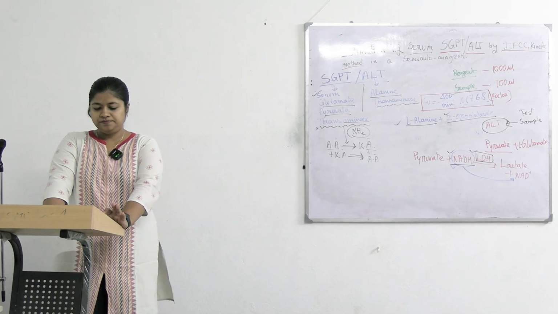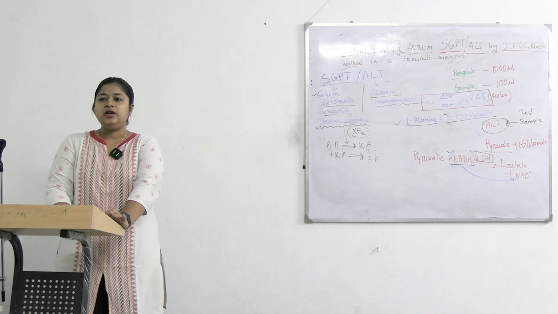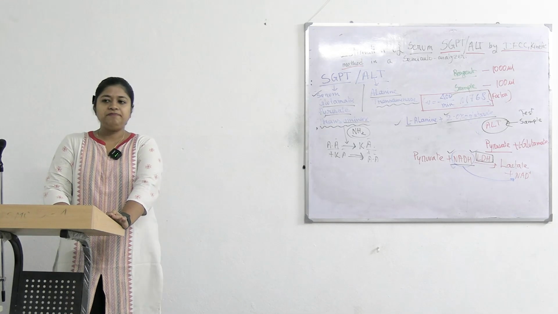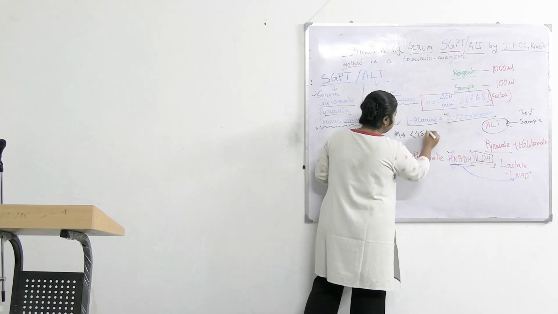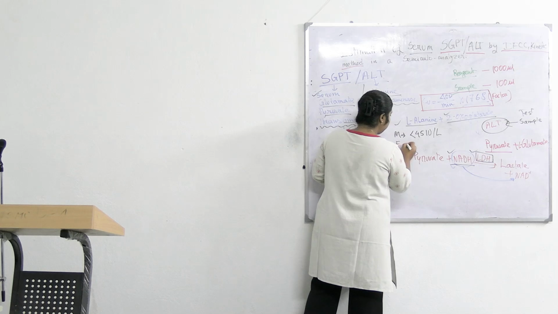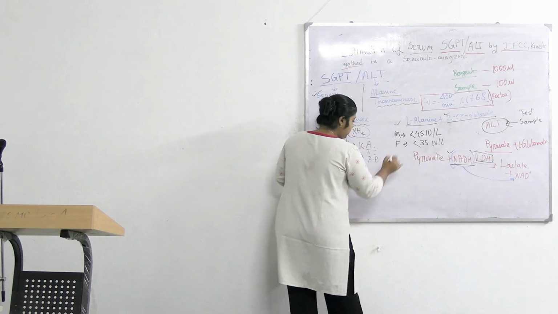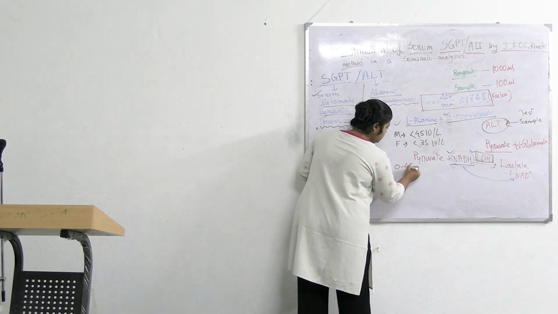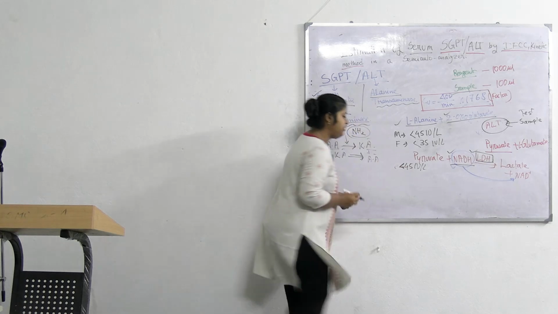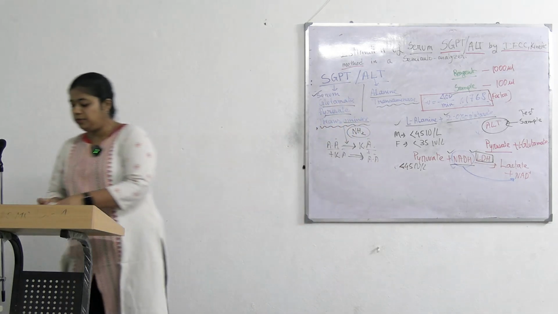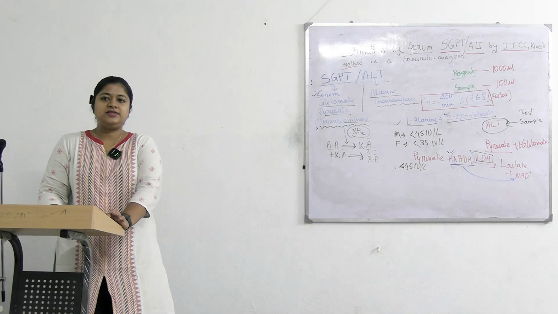For females ideally it should be less than 35 IU per L, for males below 45 IU per L. But for a generalized calculation, we look at this as below 45 IU per L. Clear? So this is the reference range.